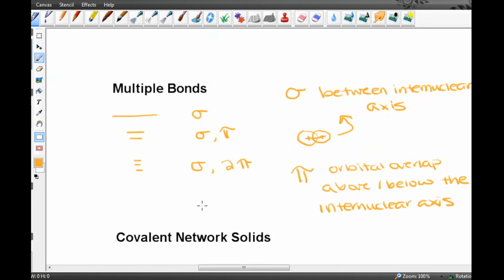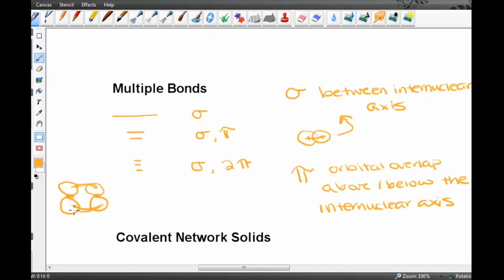This would be like, if you remember in our hybridization, if we had 2 unhybridized p orbitals that were overlapping to create a double bond, this overlap up here and down here, see how it's above and below the internuclear axis? This quantifies as 1 pi bond.